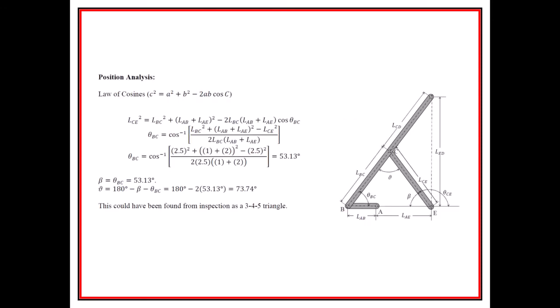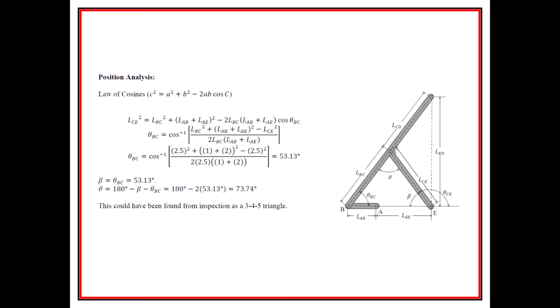The first thing I want to do is a position analysis. A lot of times it's difficult to find the unknown angles because, as we've learned, we have two simultaneous equations, and the angles we want to find are inside the cosine or sine.